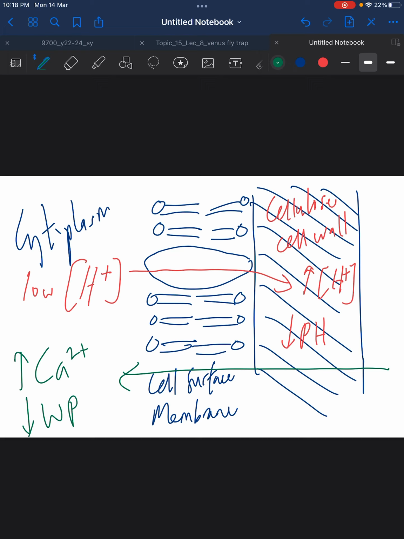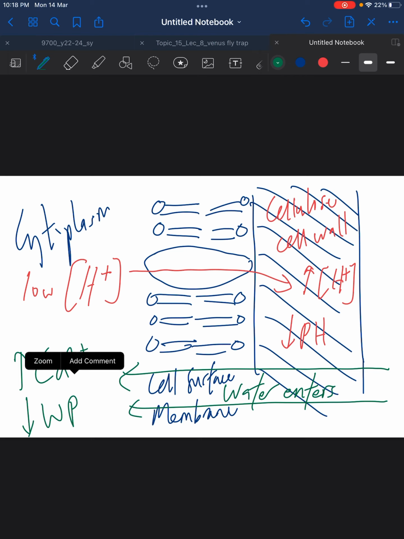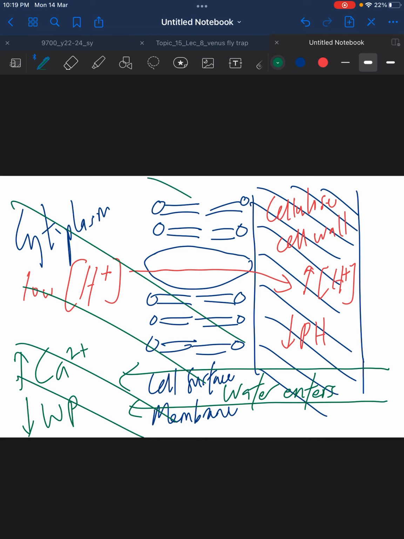Okay, high calcium, low water potential, and so water will also enter. So this H2O will also enter. Water enters. Okay, so when water enters, this becomes turgid. Okay, so when the cells here become turgid, that's when the convex shape is changed to concave.